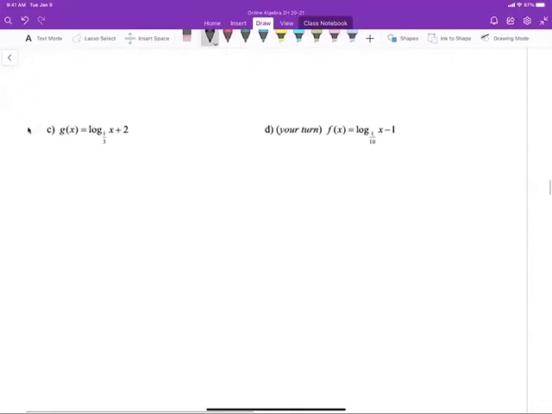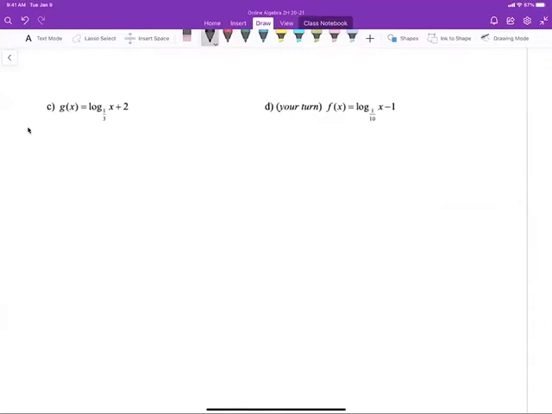All right, continuing on, we're going to graph the function. So what's my first step? I need to find my domain. Be very careful. The only input to that log is x. It is not x plus 2. If they wanted that to be the input to the log, it would have been in parentheses.